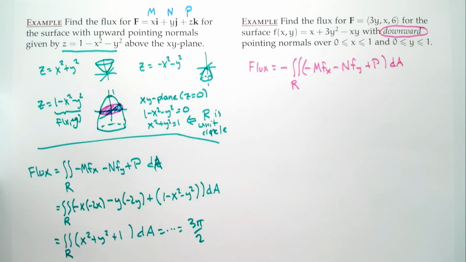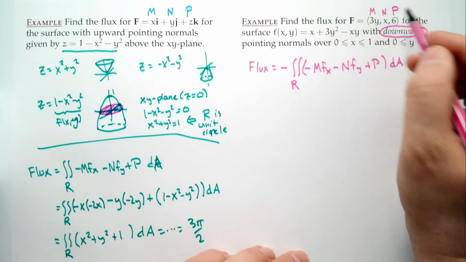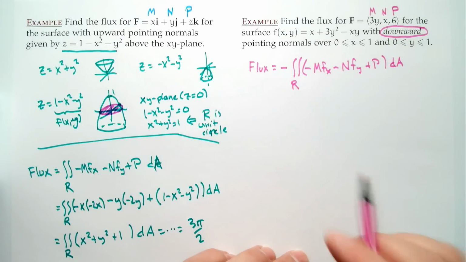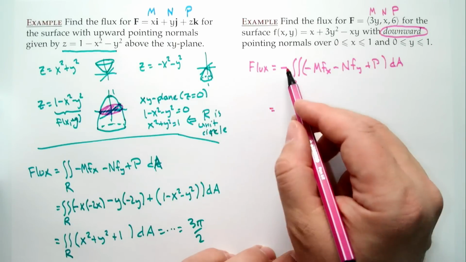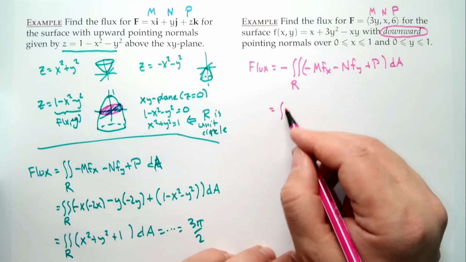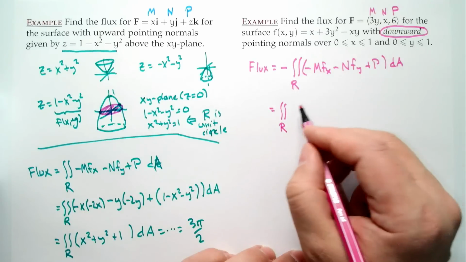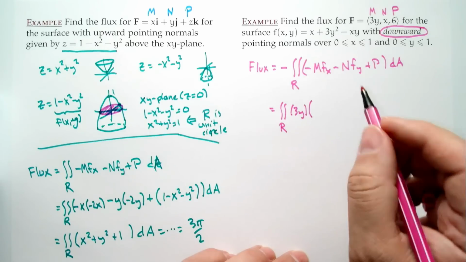Now here we can see what M, N, and P are. They're given to us. It's actually more straightforward because there are no z's floating around. Let's see where we go. If we throw the minus signs past the integral, we get the integral over our region of M, which is 3y, times f sub x.